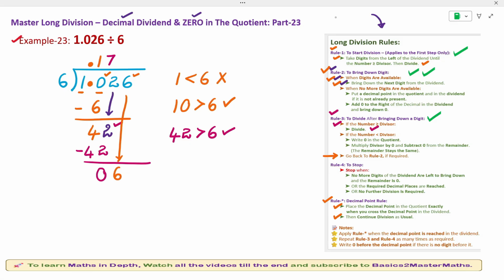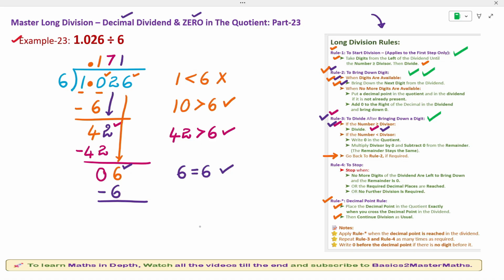Let us apply rule 3 again. Observe, now the number becomes 6, which is equal to the divisor 6. So, as per rule 3, if the number is greater than or equal to the divisor, then divide. 6 ones are 6.